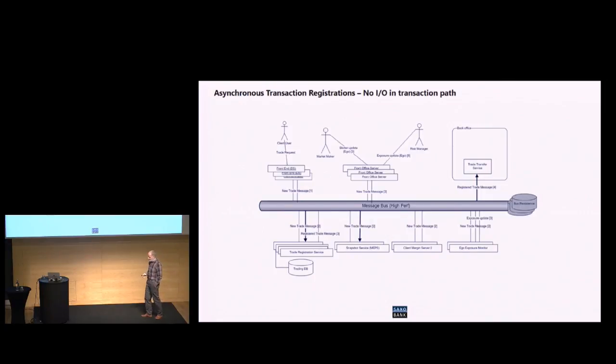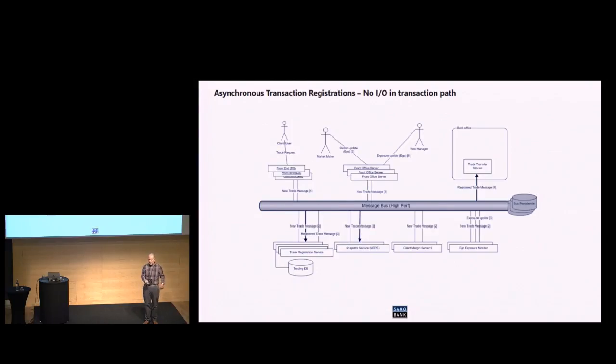So instead, what we do is we use something called asynchronous transaction registrations, and essentially try to abolish any database I/O in the transaction path at least, and we try to avoid even network I/O to the extent possible.